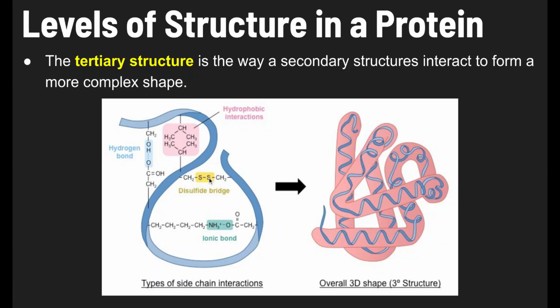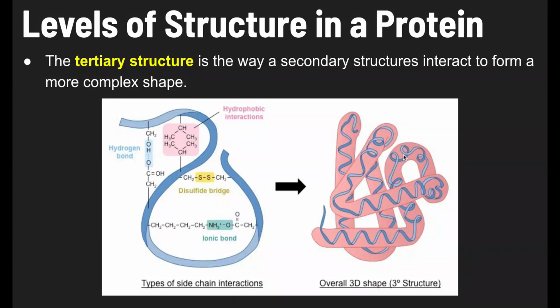If the R group has two S's, that can form a disulfide bond, or a hydrogen bond could be formed, or the interactions could be hydrophobic, which means it doesn't want to mix with water, or it could be hydrophilic. It does want to mix with water. So there's lots of possibilities here about how the R groups will interact with each other, but it's those interactions that give the protein its tertiary structure.